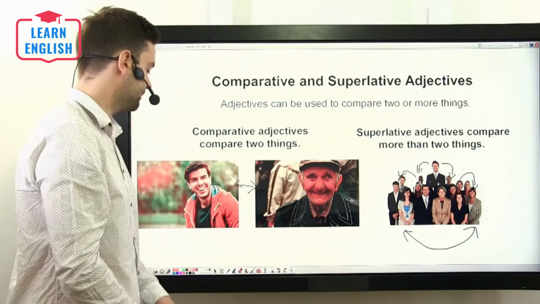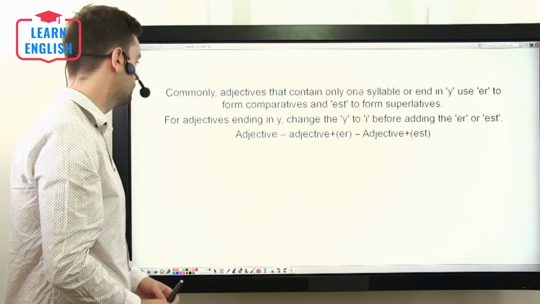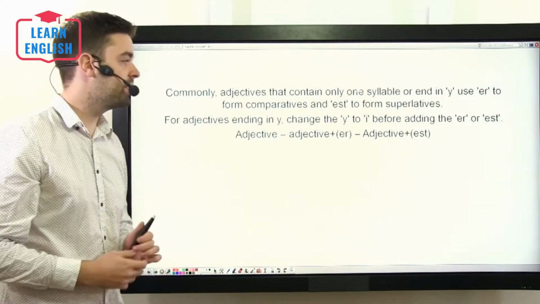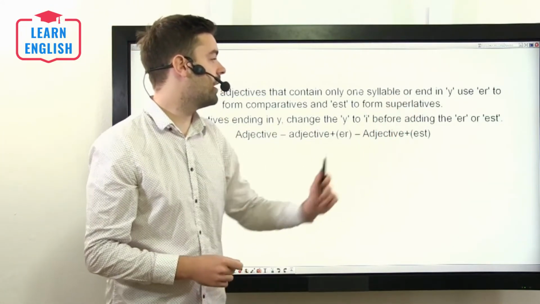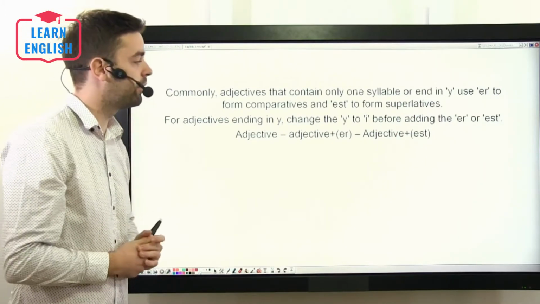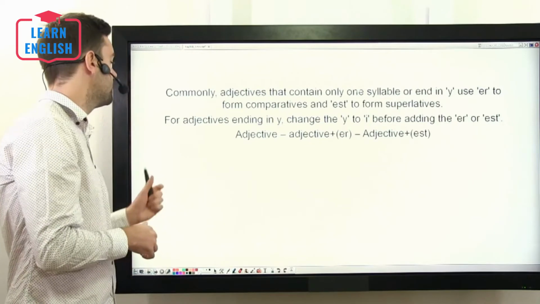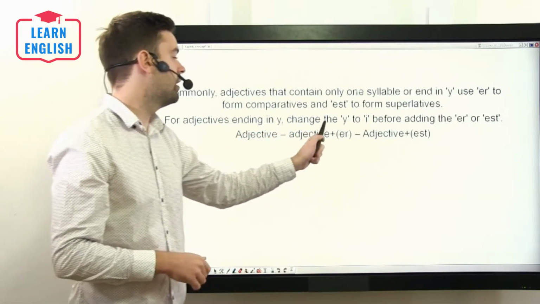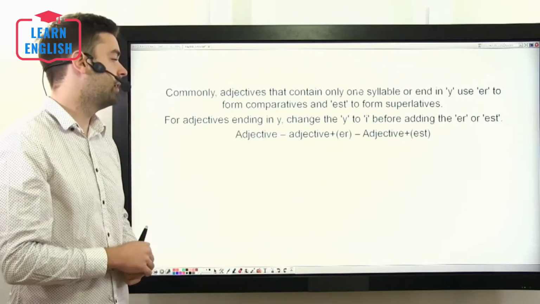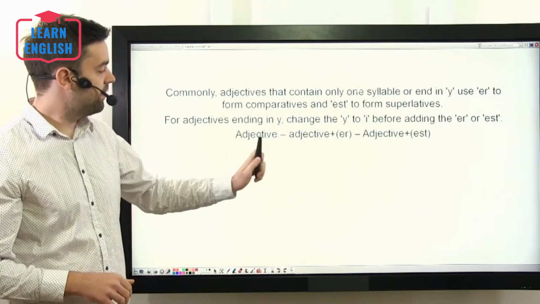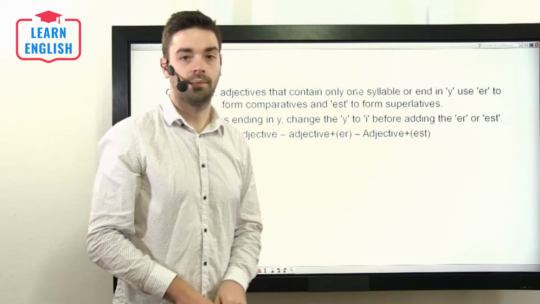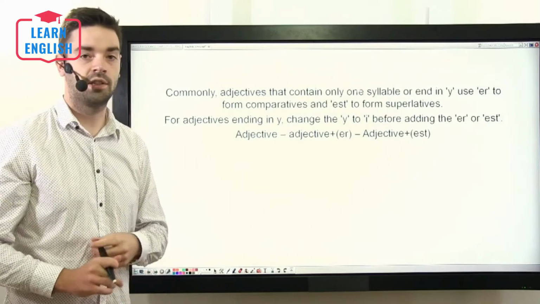Commonly, adjectives that contain only one syllable or end in Y use ER to form comparatives and EST to form superlatives. For adjectives ending in Y, change the Y to I before adding the ER or EST.